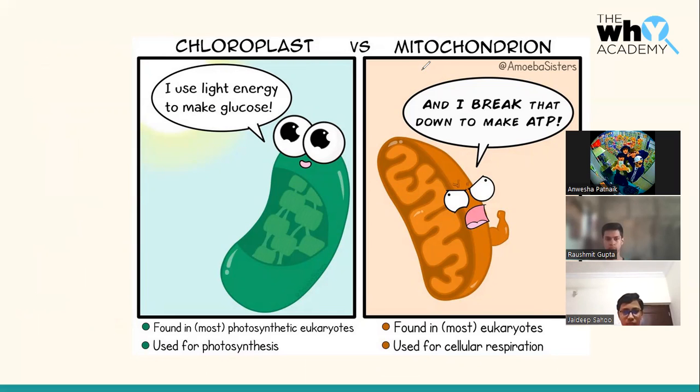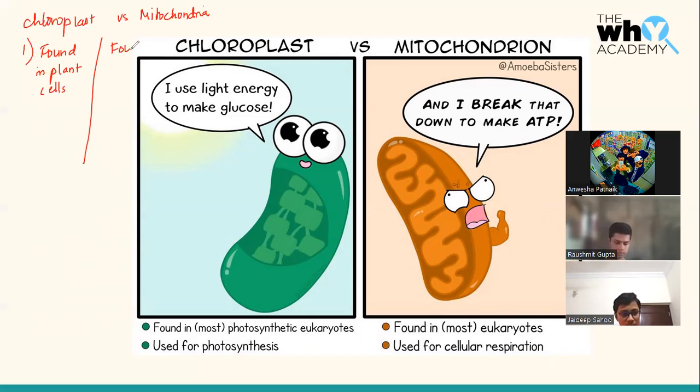I'm just writing it here, you can take down, chloroplast versus mitochondria, right? One main difference is this is found in plant cells, correct? This is found in both plant and animal cells. Okay, I'll write.